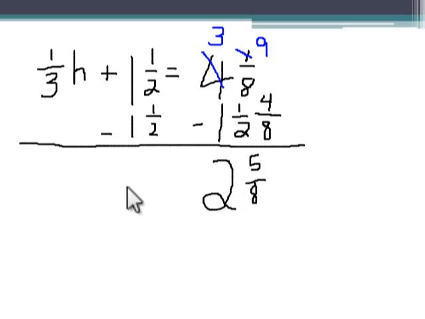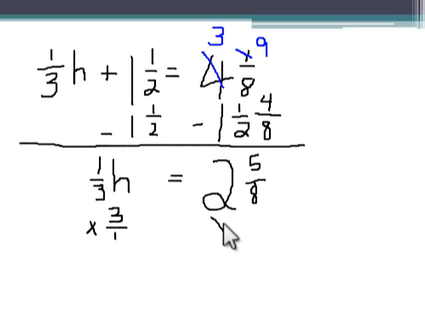Good. Over here, on this side, I've gotten rid of my 1 1/2 by subtracting it. So I just have 1/3 times h. Now, I don't divide, because the opposite of multiply would be divide. With fractions, I multiply by, good, the reciprocal, which means I have to flip it.